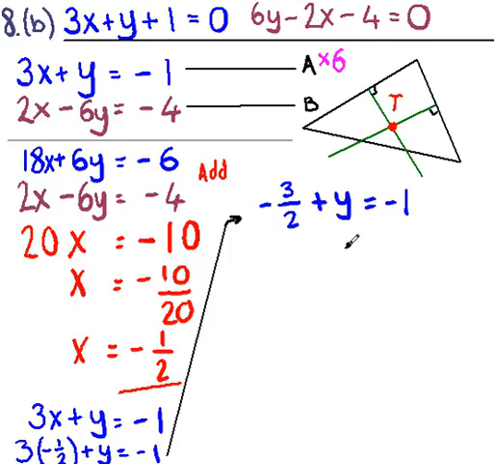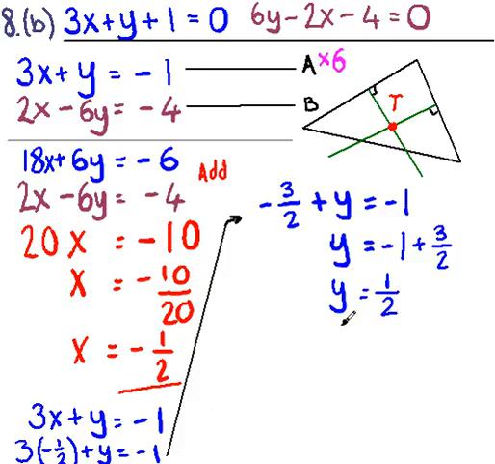That gives us y equals minus 1 plus 3 over 2, and minus 1 add 3 over 2 gives us 1/2.